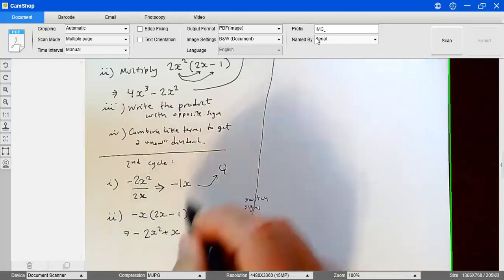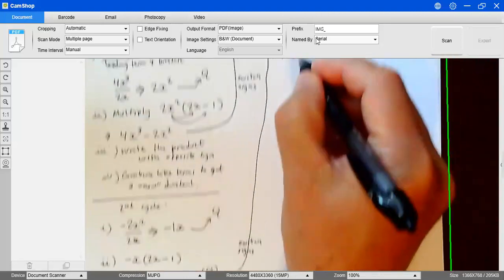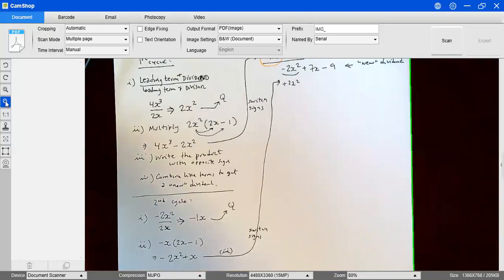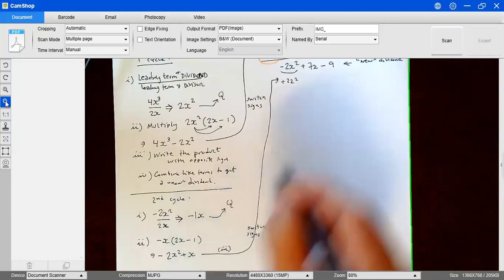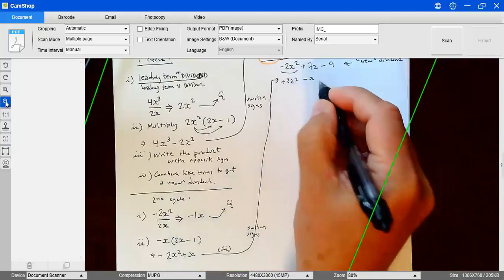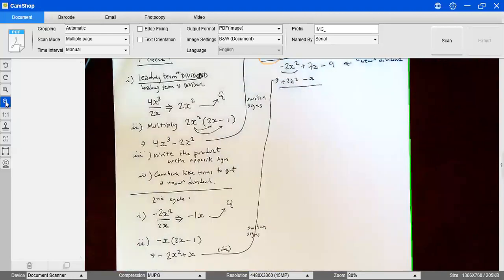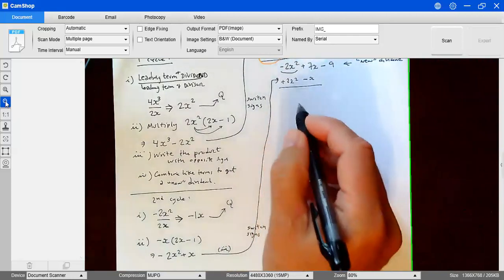So I'm going to write positive 2x squared, and I'm going to write this positive x is going to become negative x. So I'm going to proceed with doing the fourth step, which is just combining these two.